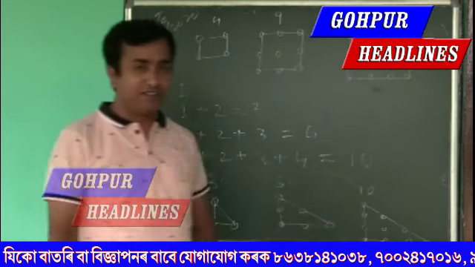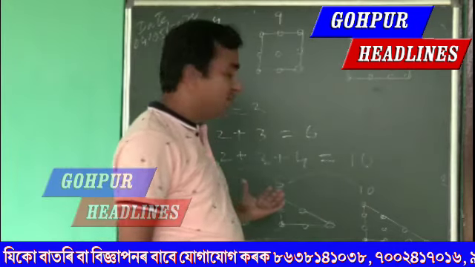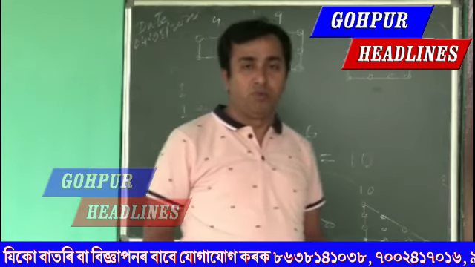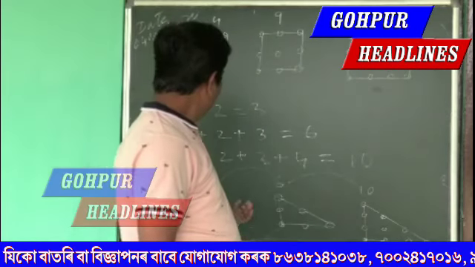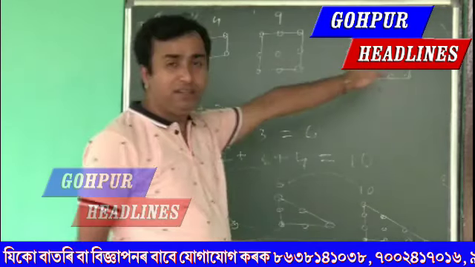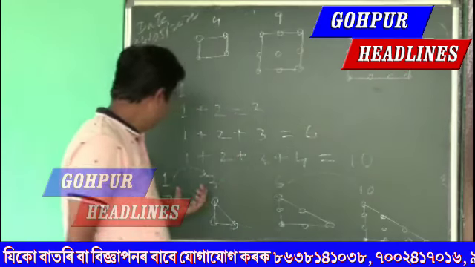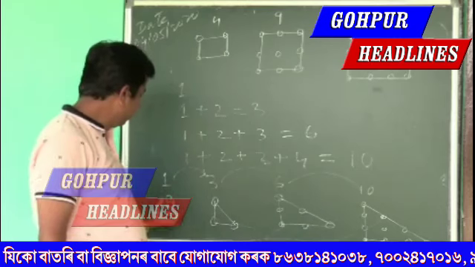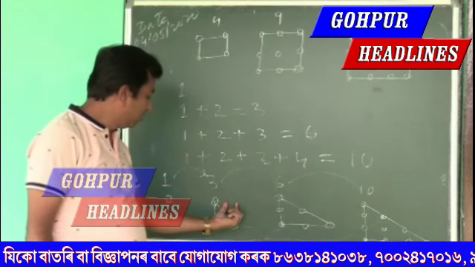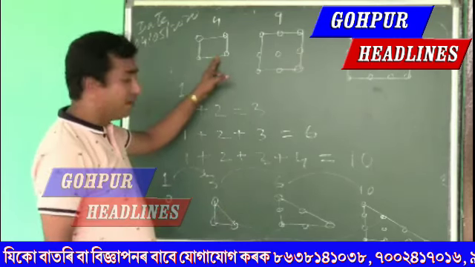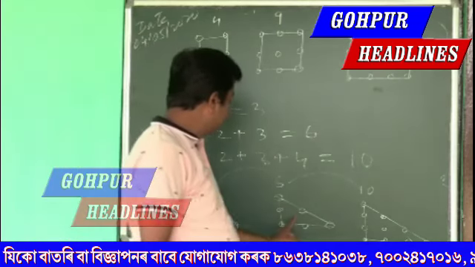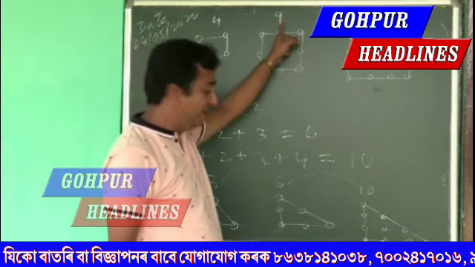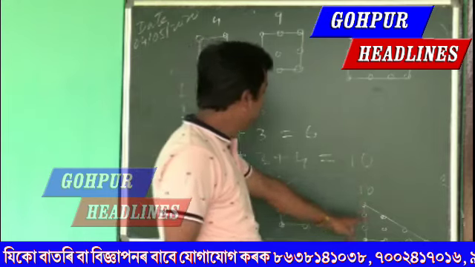Again a square you will get. So this is something you need to know. With the triangular numbers, we can find the square numbers. When we add two triangular numbers, 1 plus 3, it's a 4, and a square is formed. Again this triangle and this triangle, when we add, it's a 9. It's a square number.